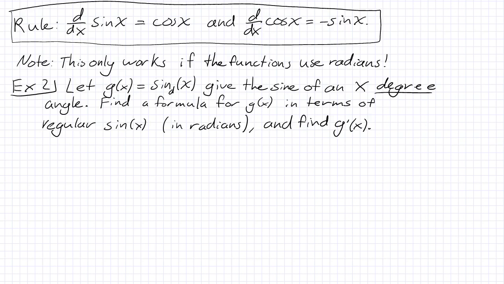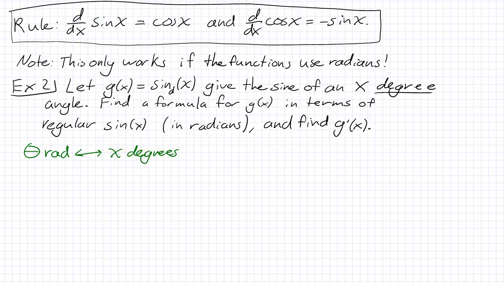So what I want to do is convert this x to radians. Let's turn it into theta. So we're going to say that theta radians is the same angle as x degrees.